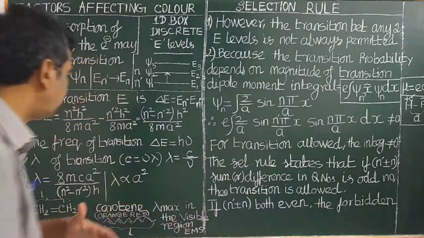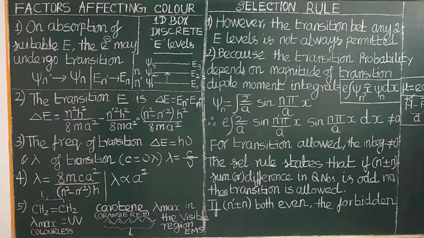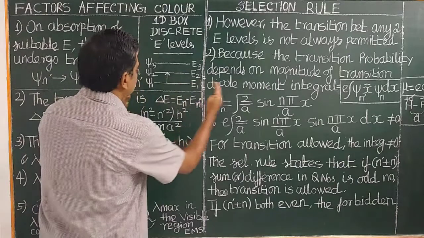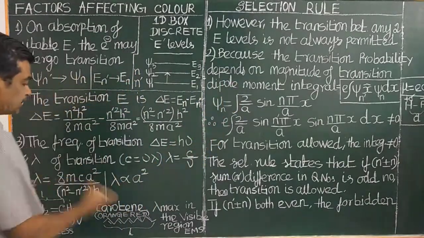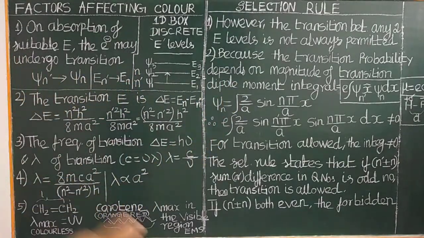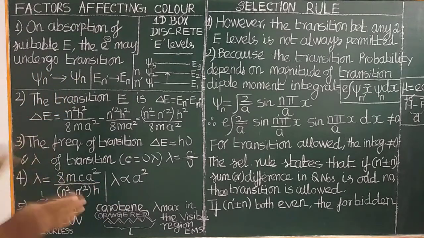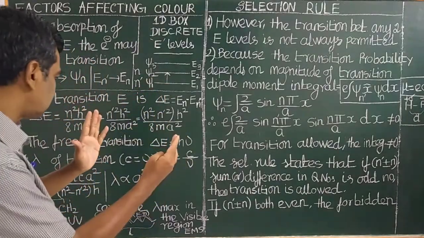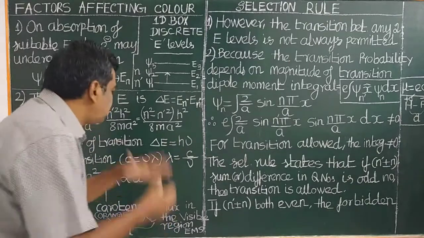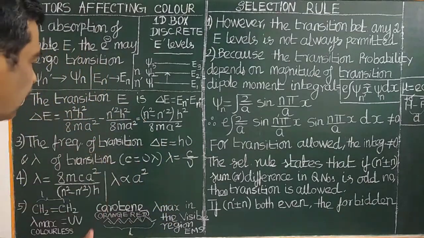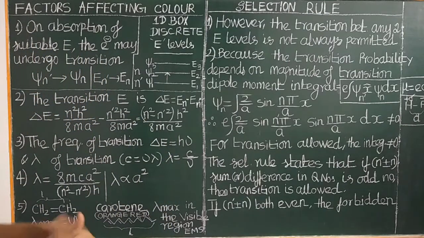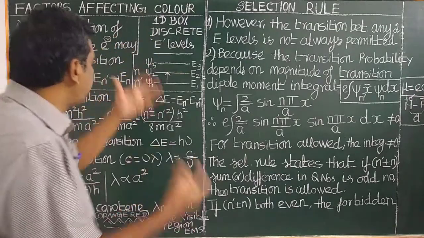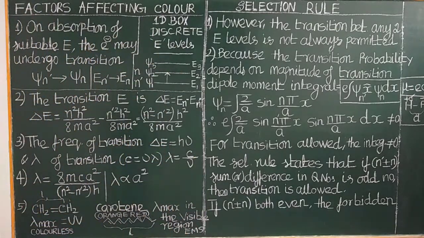As the box length increases, lambda increases. By adjusting the length of the box, it can be made to absorb light in the visible region. It can be made to appear colored.